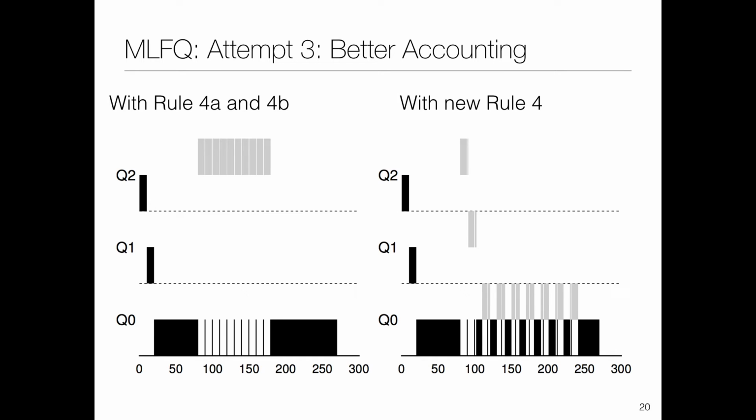It executes for 9 time slices. In the next run, it wants to execute again for 9 cycles, but it executes only for 1 cycle. Can you see the very thin bar on the right? Now it has executed for 9 plus 1, so a total of 10 time cycles, and now it has to be demoted to a lower queue. This is one way which leads to better accountability, and it reduces the possibilities of gaming the system.